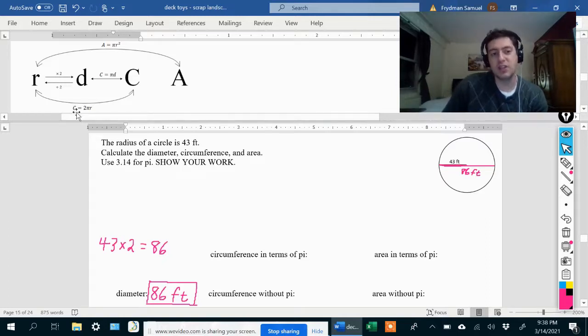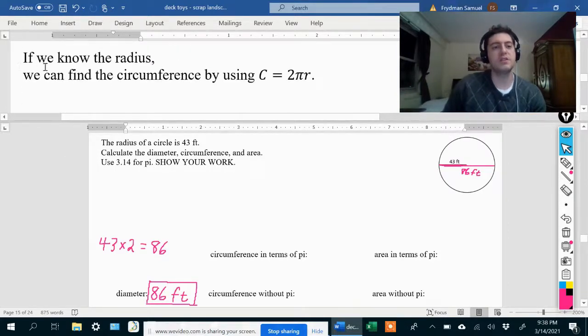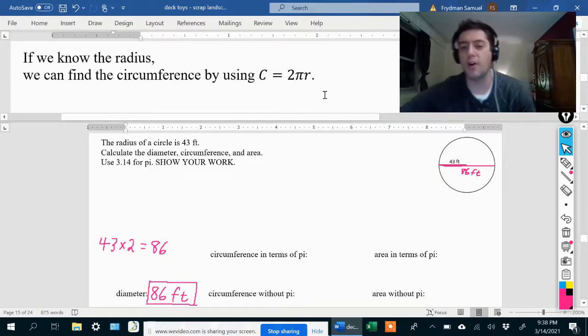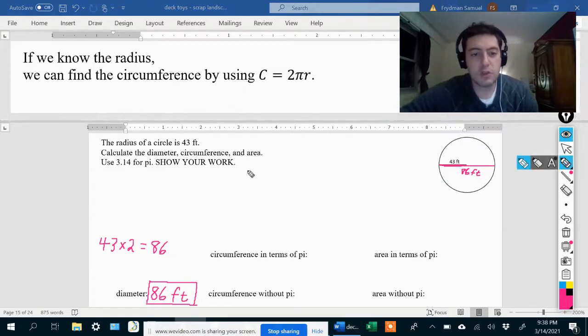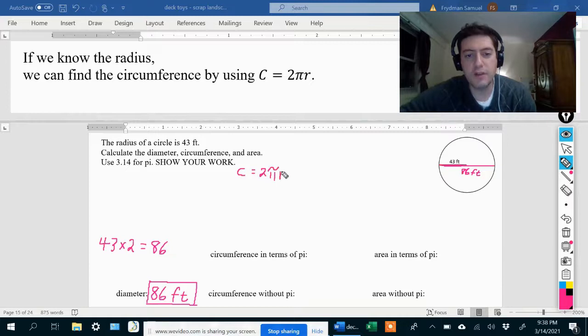So it makes sense to use this equation over here because it has what we know and it also has what we're trying to find out. So I'm going to scroll down to here where it says if we know the radius, we can find the circumference by using C equals 2 pi r. So let's write that over here. C equals 2 pi r. We're just writing the equation down.